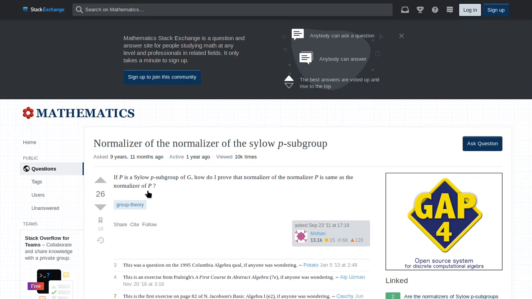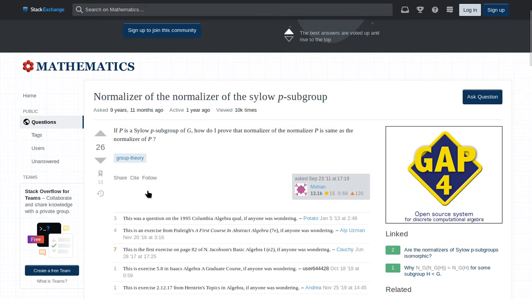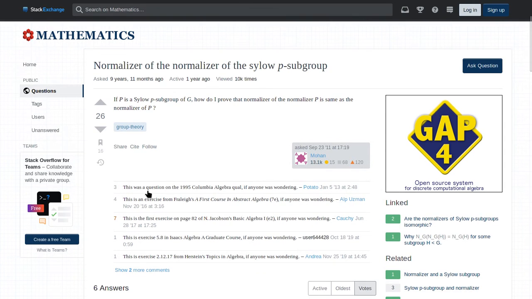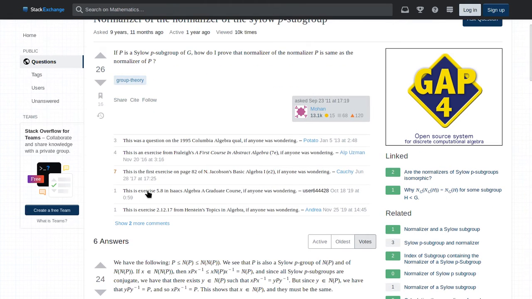Let's see. This is an exercise from Prolay. This was a question on the 1995 Columbia Algebra Qual. Okay. This is the first exercise on Jacobson.